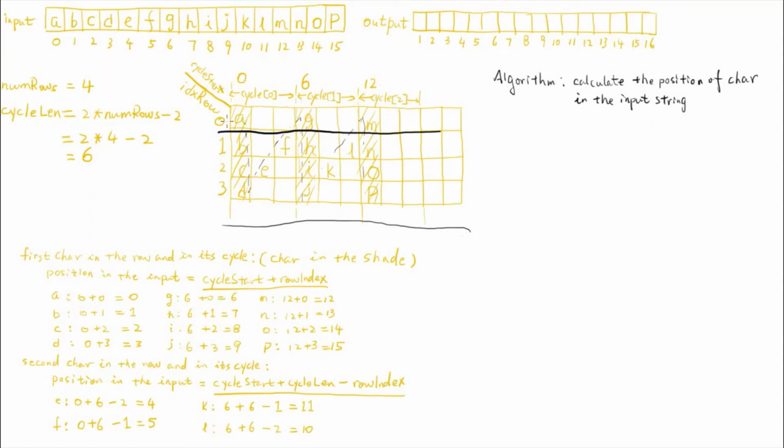So first we read row 0, then we read row 1, row 2, and row 3. So we will have a for loop to iterate the rows. And here we declare an integer variable called row index, starting from 0. And we end the loop when the row index reaches the number of rows.